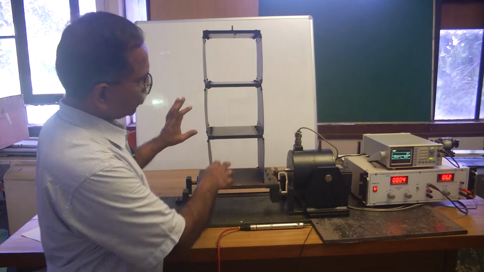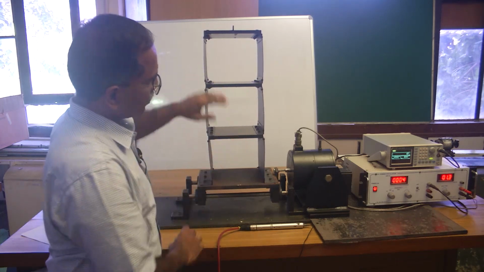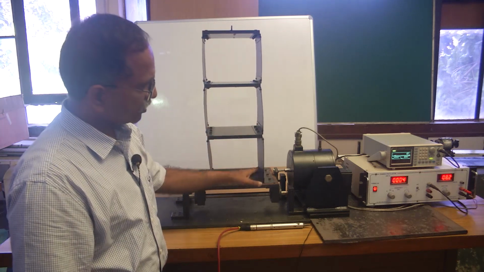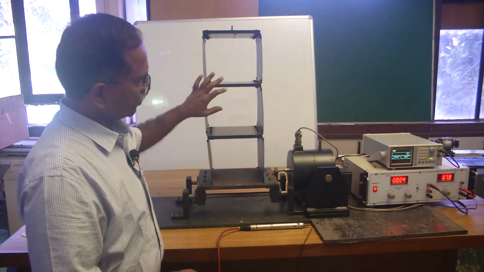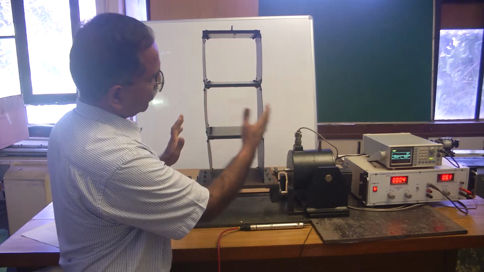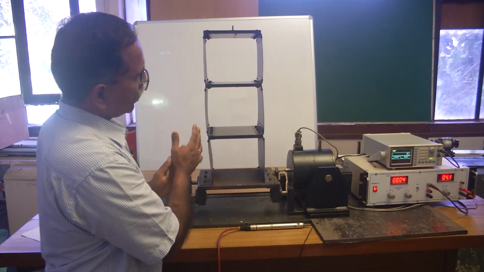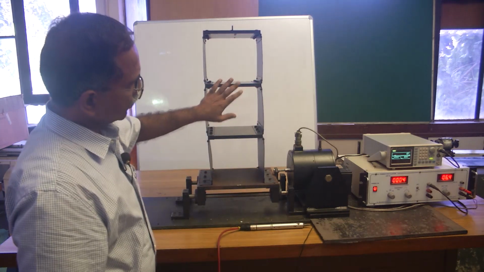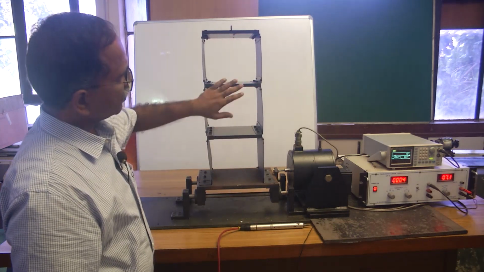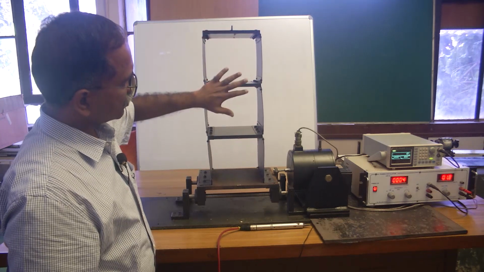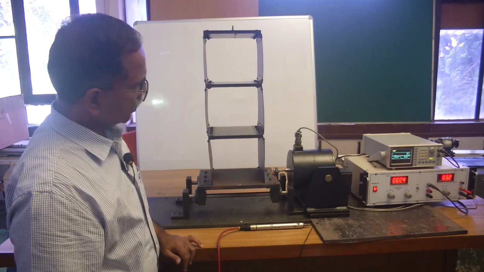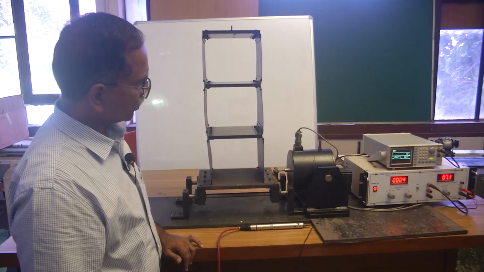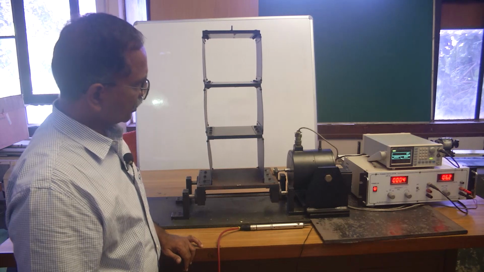As you notice, this can be treated as the first floor, second and third floor, and the columns are these thin plates. The system undergoes lateral vibration because of the compliance of these thin plates, and the inertia is represented by these three floors.